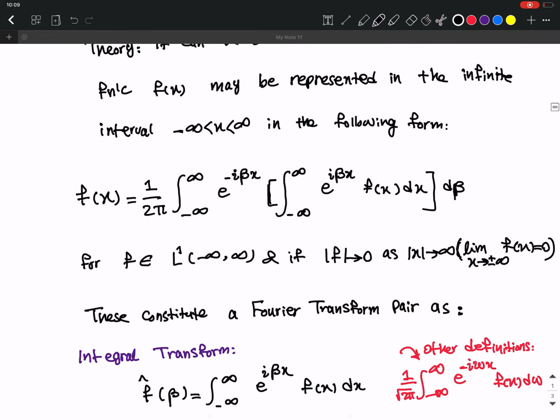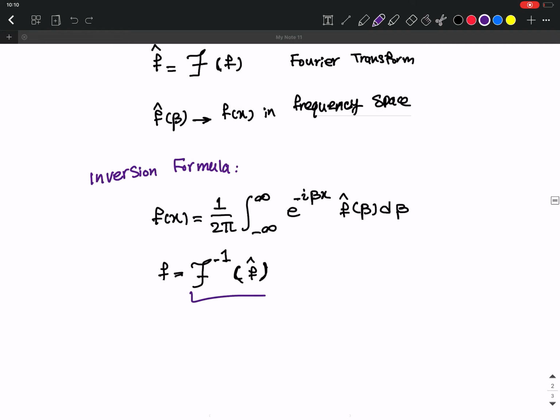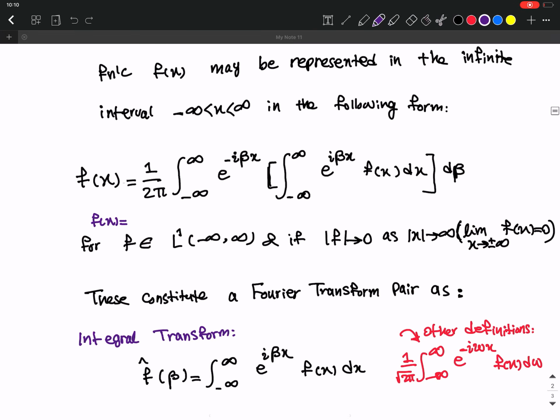So now this formula that you saw here, I am going to write it down here, says f(x) equals F to the power minus 1 of, this one is the Fourier transform, so this is going to be F of f(x), right?